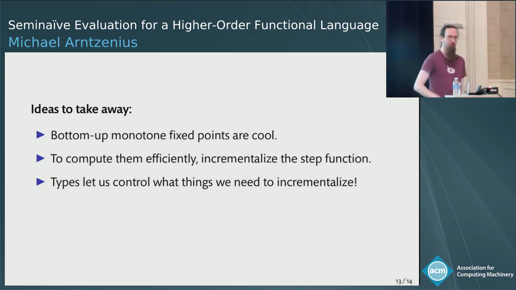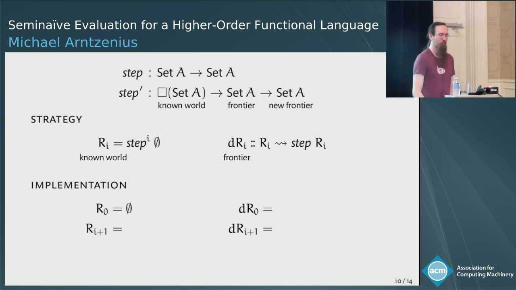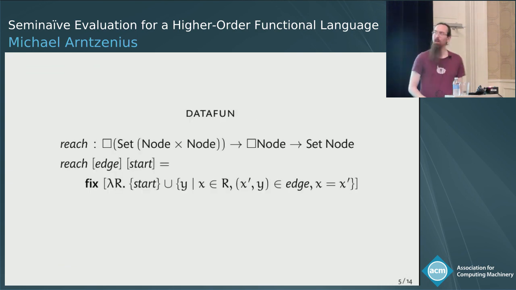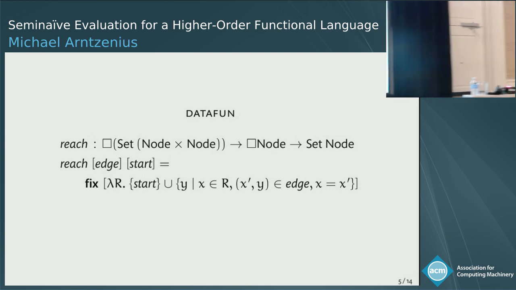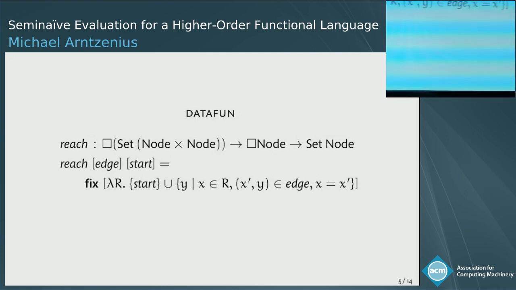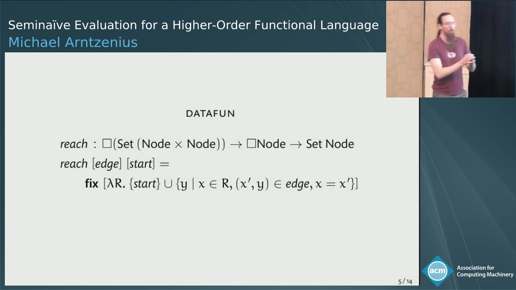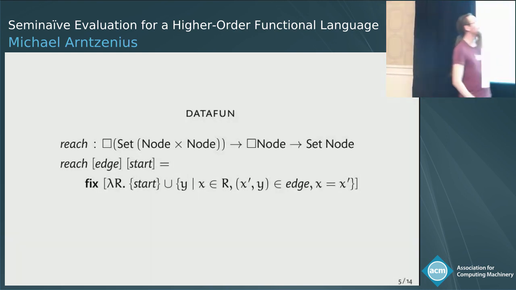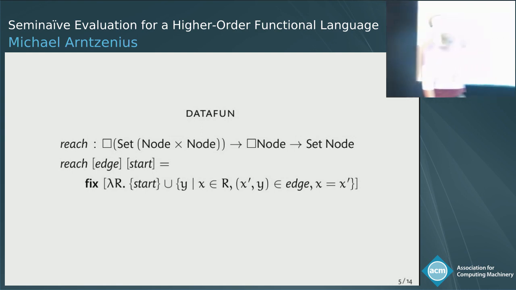In your graph reachability example at the beginning, I think you marked the input for the edges as not monotone, as having a box, but shouldn't it be monotone in that argument? You mean this? Yes. Yes, so technically that's monotone. One of the details that I have elided is the fact that we use boxes to propagate information about derivatives, and this requires us to make the argument to fix have a box type.